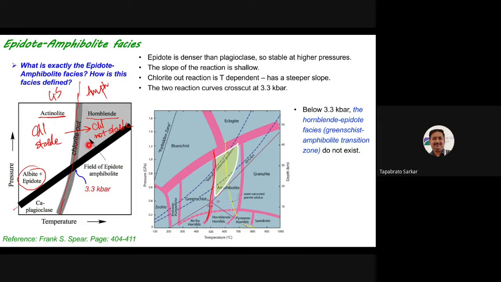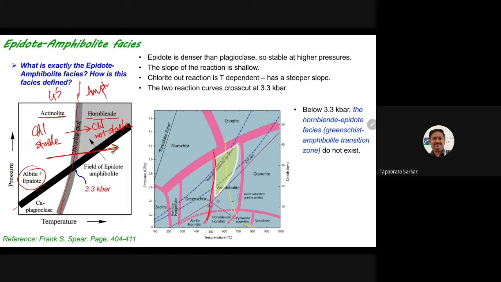Above 3.3 kilobar, within this region, you go into the amphibolite facies where you form hornblende, but epidote is still present because you have not crossed this reaction line.